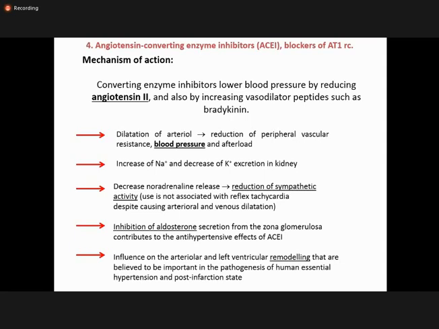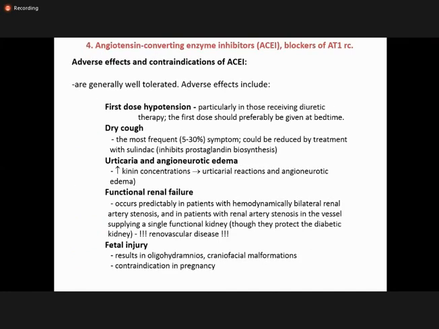But a very important point is what we achieve by inhibiting aldosterone activity: it influences arteriolar and left ventricular remodeling that are believed to be important in the pathogenesis of human essential hypertension and the post-infarction state. This point I have already discussed with you.